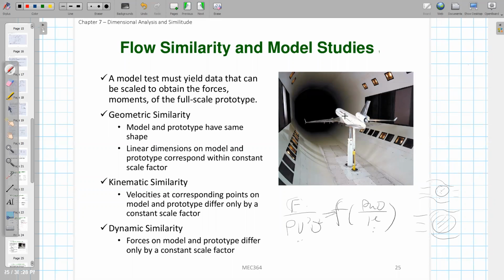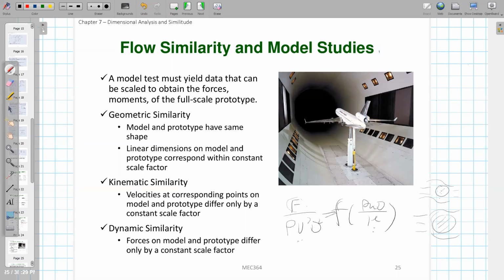If this is a 1 to 100 scaling, everywhere should have the same scaling factor, so that if you multiply the lengths by 100, it will reproduce the realistic scale of the airplane. So for this flow problem, the geometry should be similar.